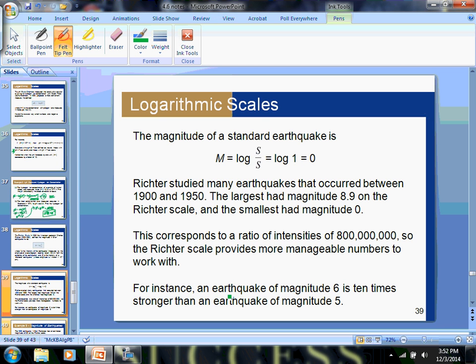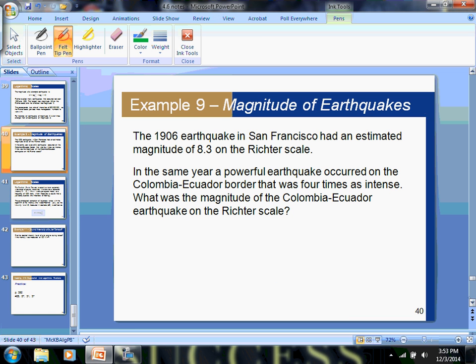So basically, this just says that we're multiplying by a magnitude of 10. So an earthquake of magnitude 6 is 10 times stronger than an earthquake of magnitude 5. Okay, so each level goes up by a different magnitude, different scale, different ratio.